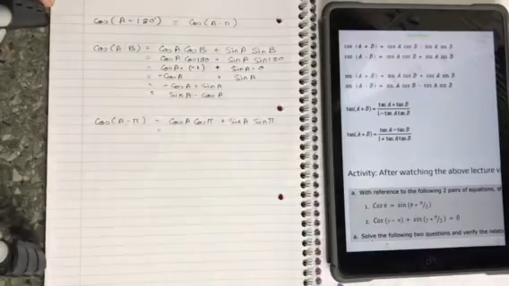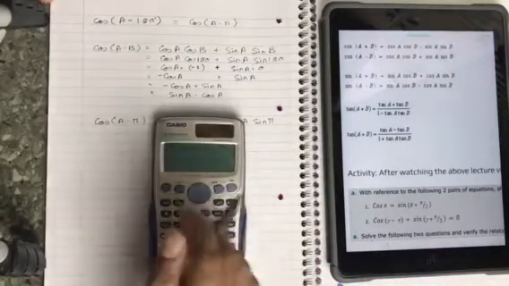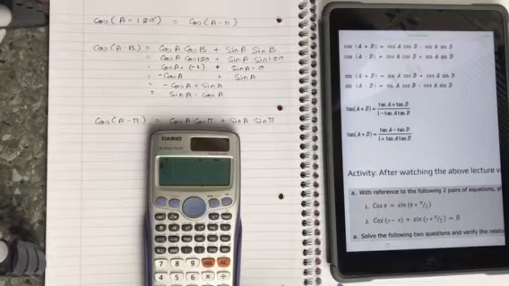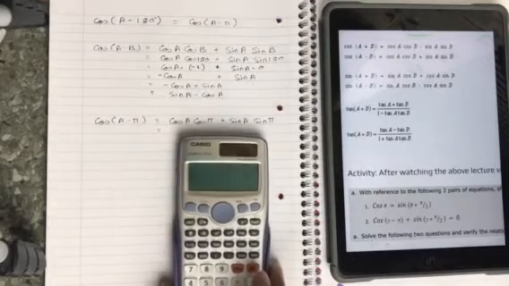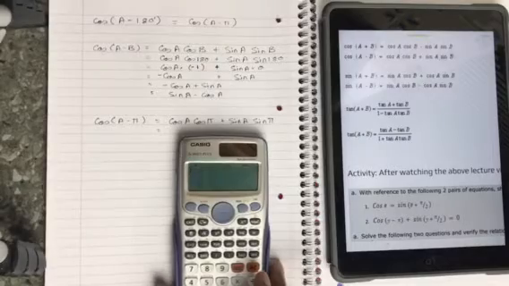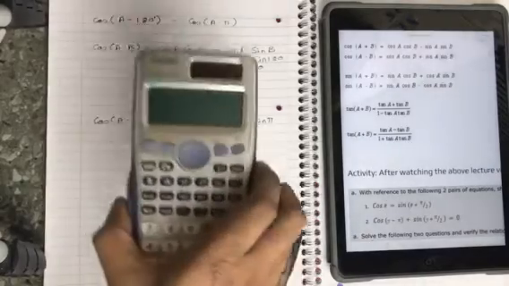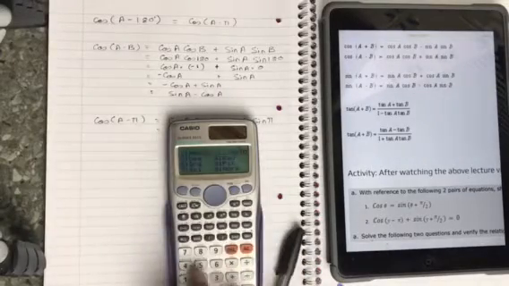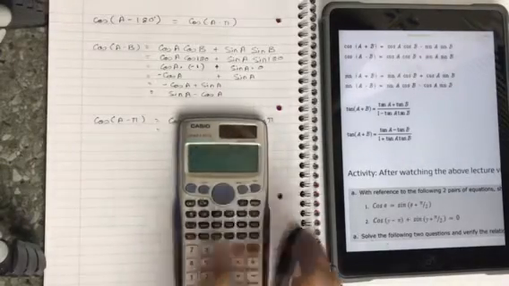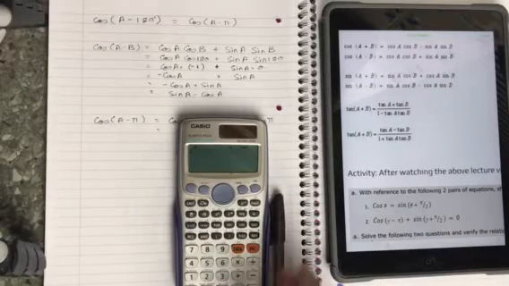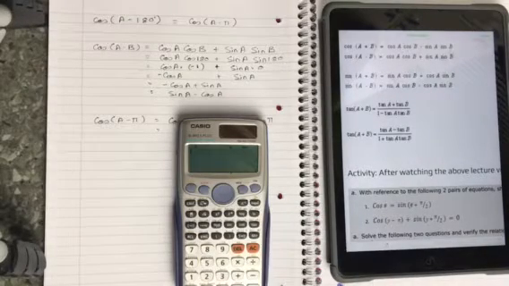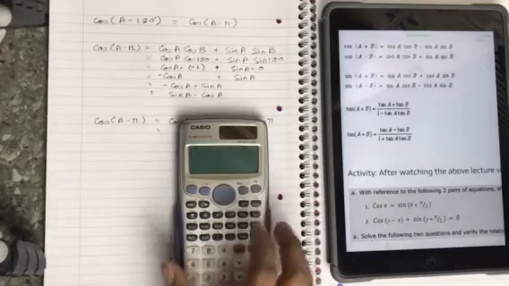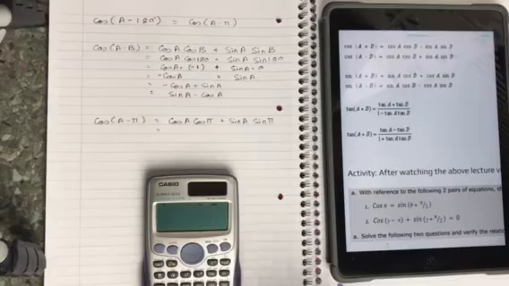When solving this, make sure that your calculator is in the radian mode, because pi there is a radian. So now I'm going to change my calculator into radian mode. Again press shift mode, 4 is radian, and now that we have it in the radian mode, I can solve this problem.